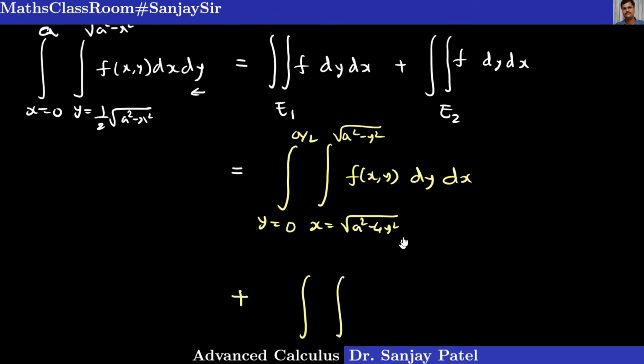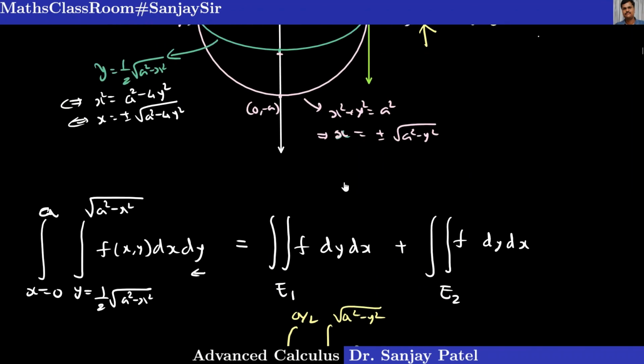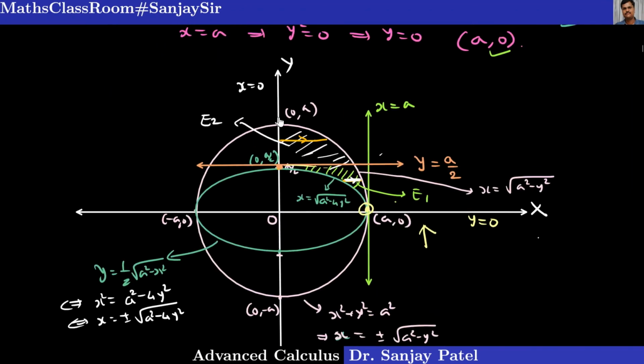for the second region we have to again do the same thing. We have to first find the limits of x in the region E2. We consider the end curves of this strip, which is parallel to the x-axis.